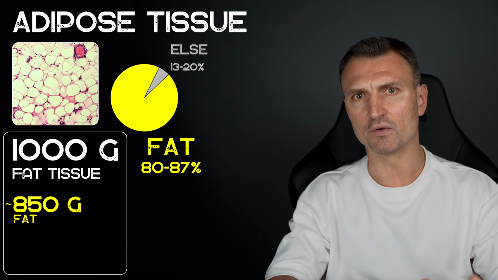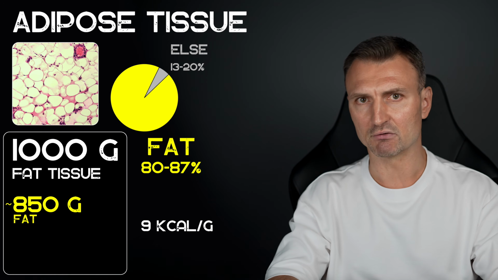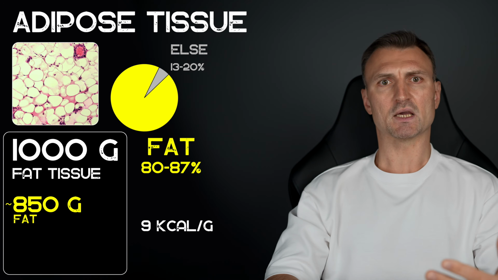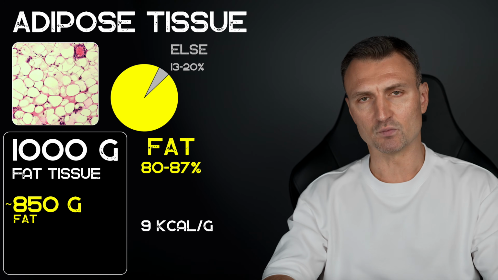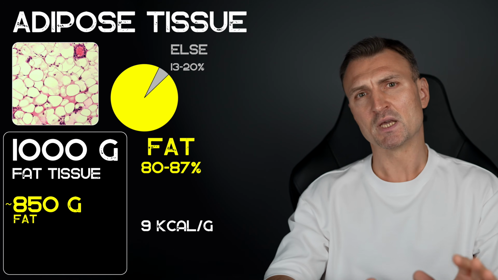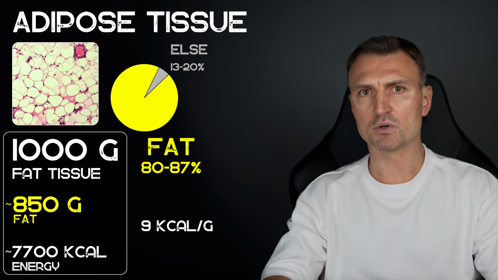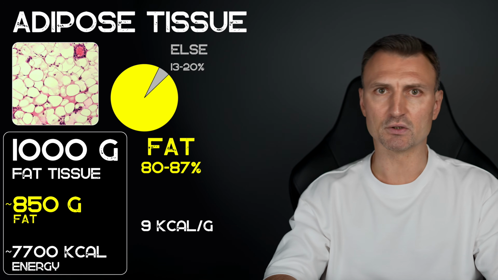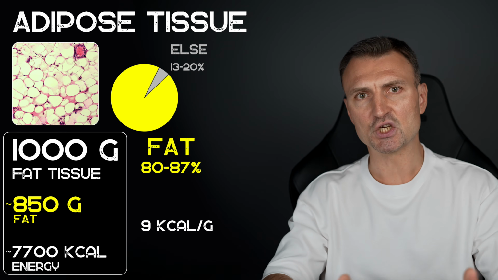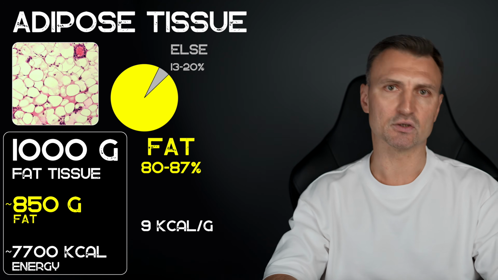I'm sure you all know that fat provides roughly 9 calories per gram, so if we think about the total energy content of 1 kilogram of body fat, it will be approximately 7,700 calories. And this number, 7,700 calories per kilogram of body fat, is the foundation for most weight loss calculations.